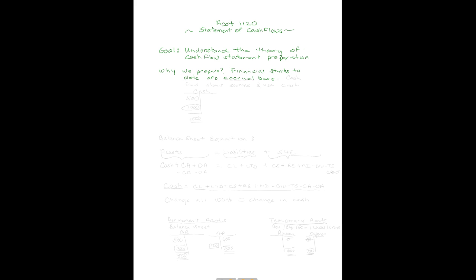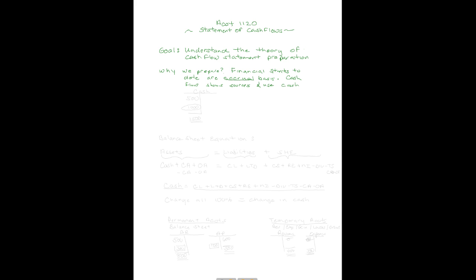The financial statements that we have learned how to make to date are on an accrual basis. They have nothing to do with cash. The cash flow statement, on the other hand, shows exactly where the sources of cash are from and where the uses of cash have gone.